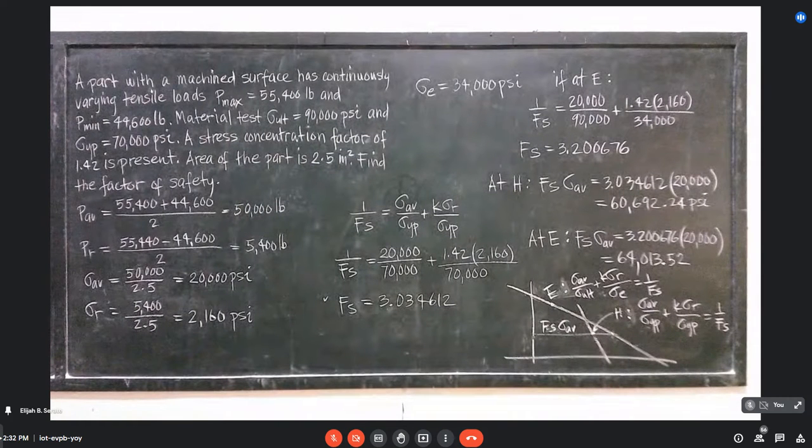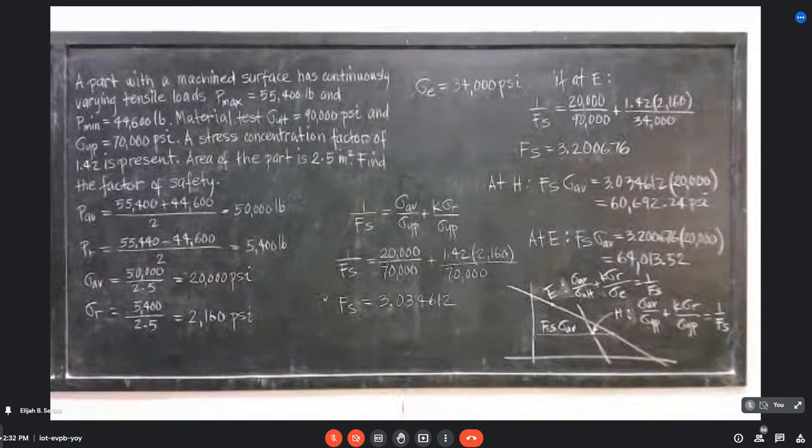So the clue is that if you are using two formulas, the lower factor of safety times average. Right? Yes, sir.